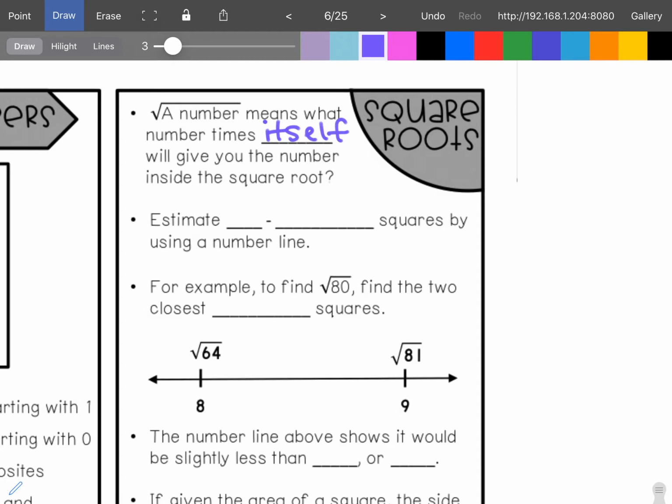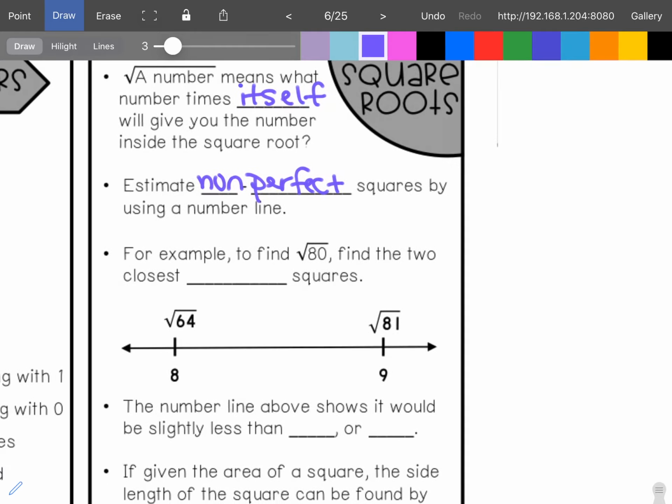Estimate non-perfect squares by using a number line. And then the third little bullet point here says, for example. Okay, so if we're going to estimate non-perfect square numbers by using a number line, that's this next part.